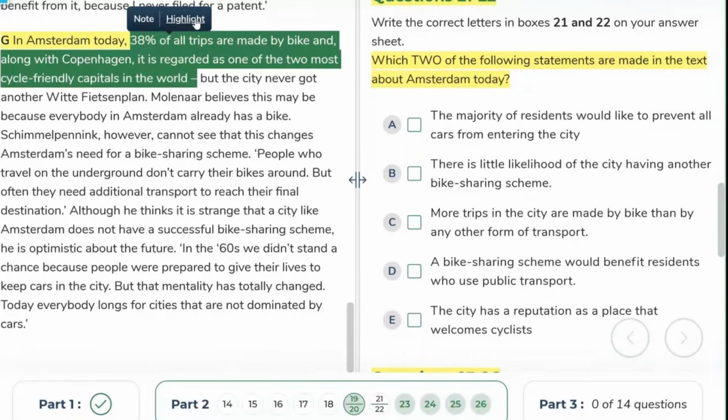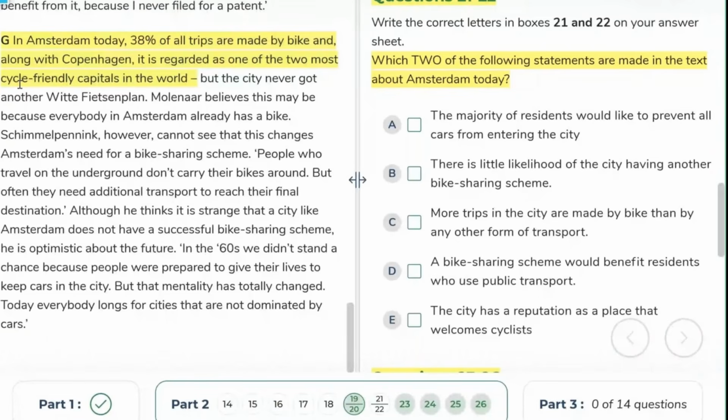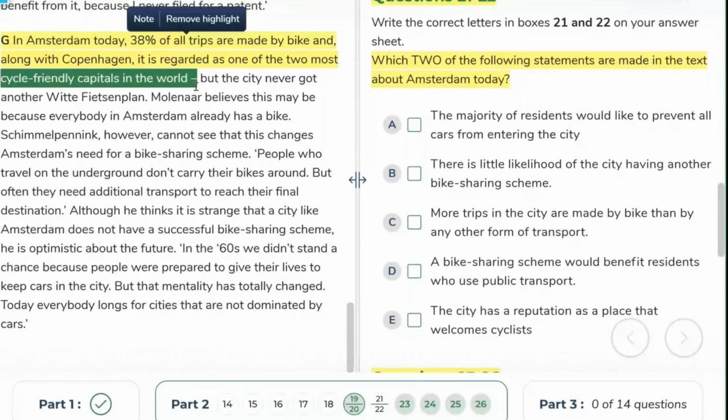Match something with it from A to E. Please match something. A, B, C, D, E. Most cycle friendly capital means a city that has a reputation as a place that welcomes cyclists. All right, correct answer is option E. It's not B, it's E.